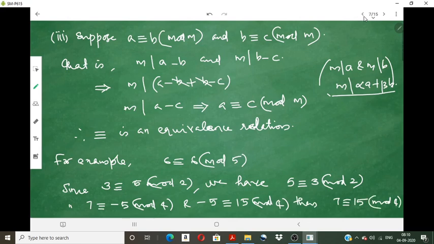Indeed, 7 minus 15 is minus 8, so 4 divides minus 8, and we have 7 congruent to 15 modulo 4. This way congruences are true.